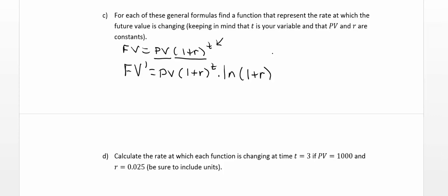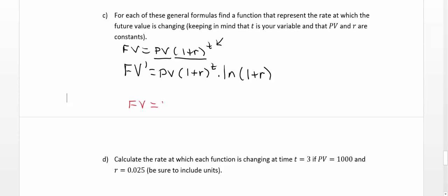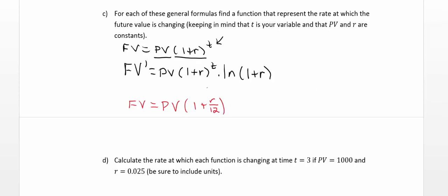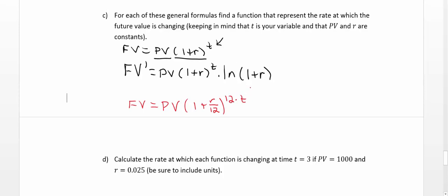Now let's take a look at the other equation. So our second equation said future value is present value times (1 plus r over 12), all raised to the power of 12 times t. This one's a little bit trickier because for an exponential function, the rules we have so far talked about having it raised to t, not 12t or some other constant times t. So we have to do a little creative algebraic rewriting so that we can use our rule.